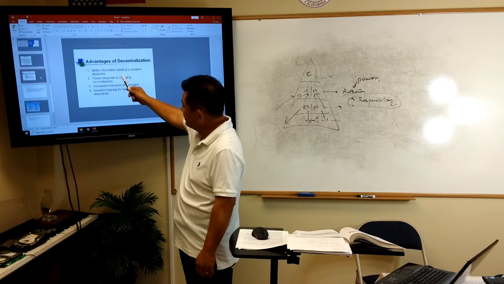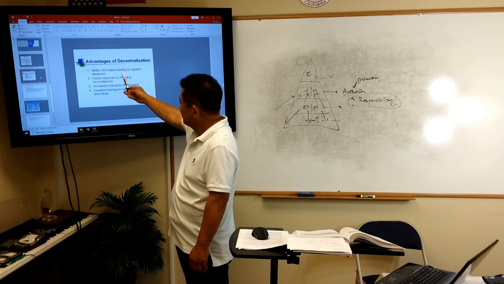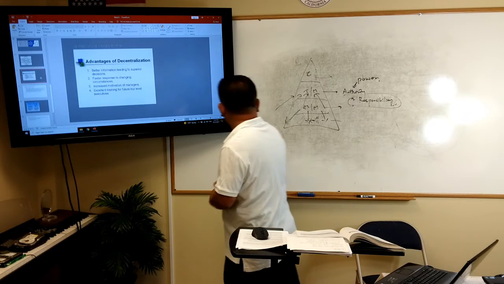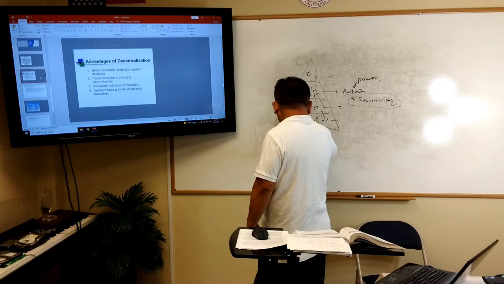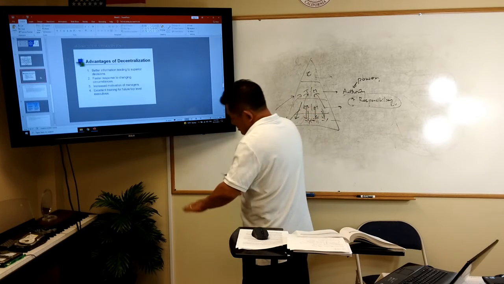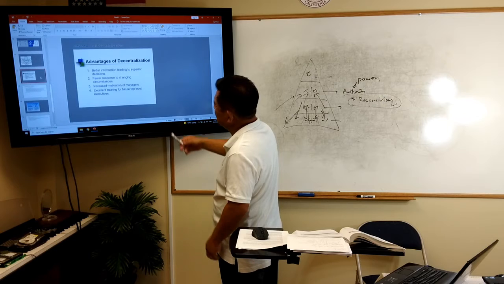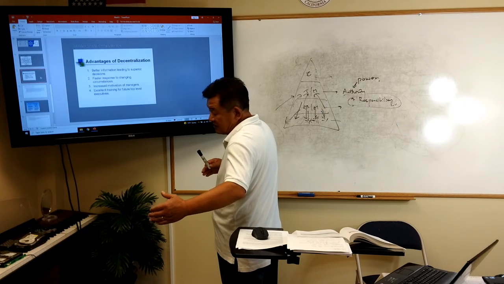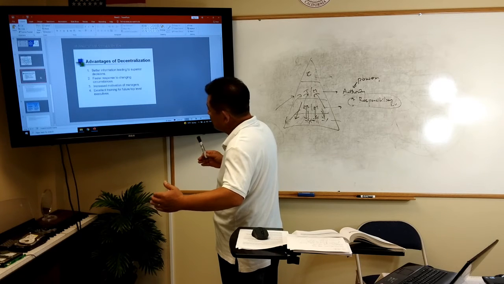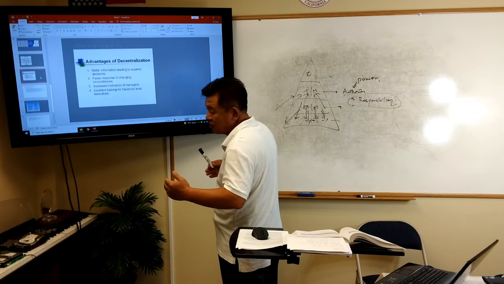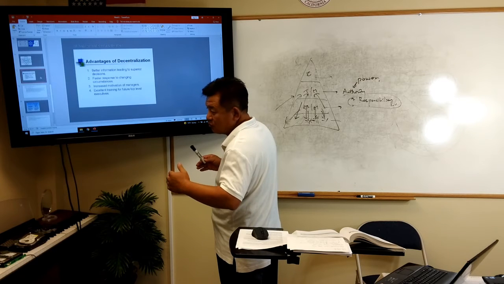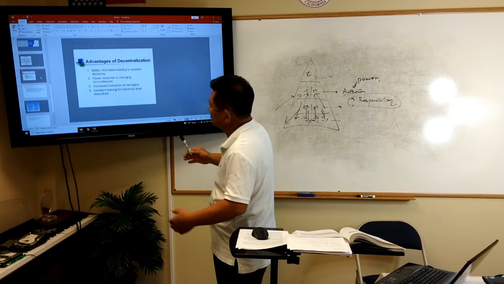So I'll introduce the advantages of decentralization. First, better information leading to superior decisions, because decentralization gives information to the lower levels. Second, faster response to changing circumstances. As I said, there are so many environmental changes, and decentralization responds more quickly to them.